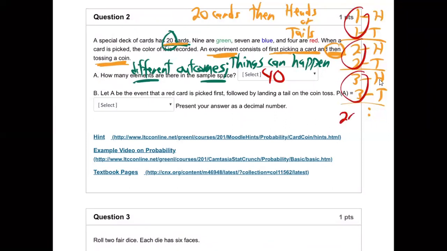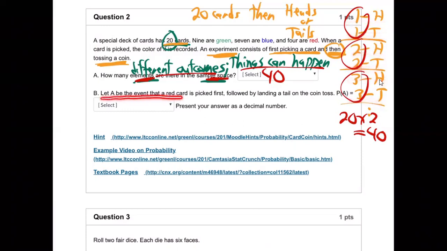So that's 20 times 2. That's 40 different things that can happen. We call that elements in the sample space. Different outcomes, different things that can happen, 40. Because there's 20 cards and 2 things that can happen on the coin flip. You see that? 1 with heads, 1 with tails, or 2 with heads or 2 with tails. I mean, the third card with heads and the third card with tails, etc.